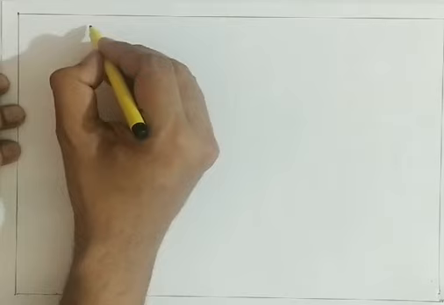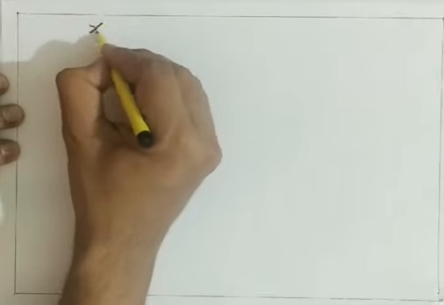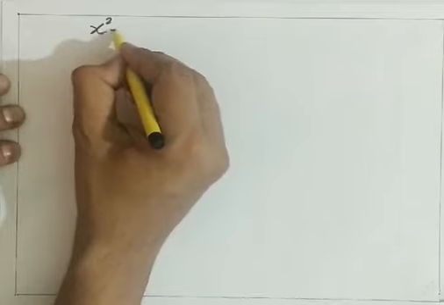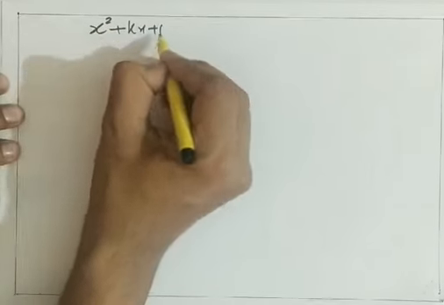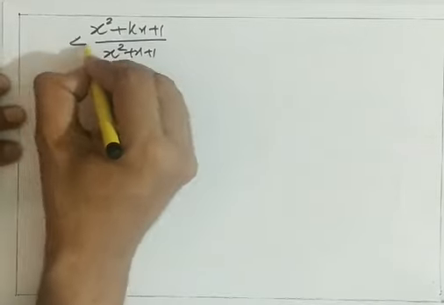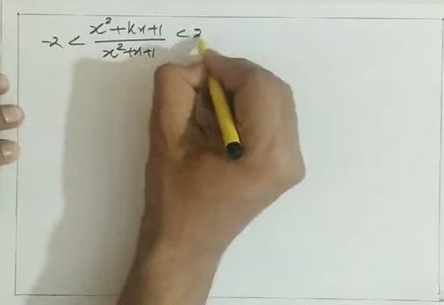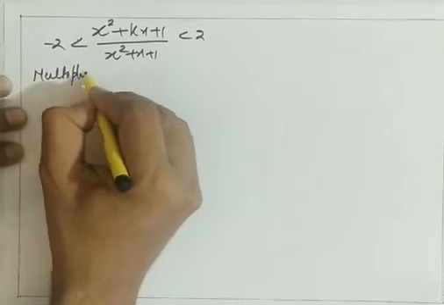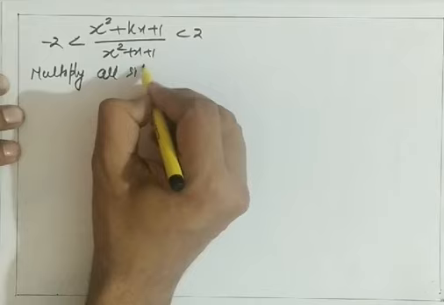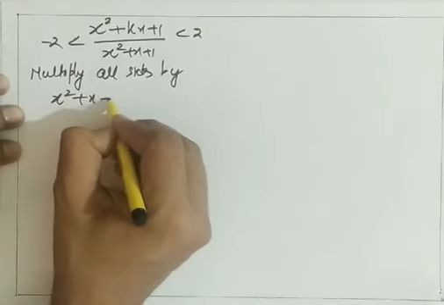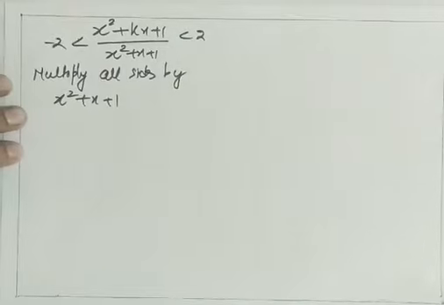The inequality was (x square plus kx plus 1) upon (x square plus x plus 1), it is between minus 2 and 2. Let us multiply all sides by x square plus x plus 1, because we have proved that it is always positive.